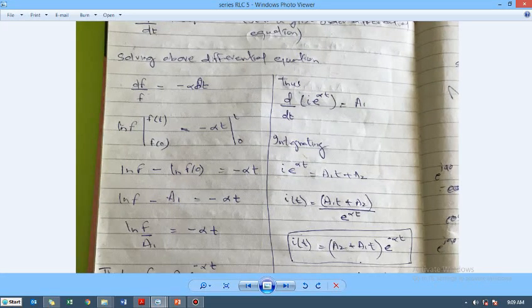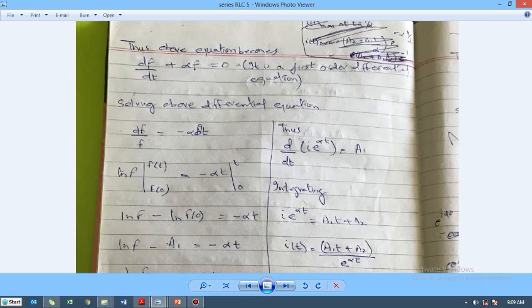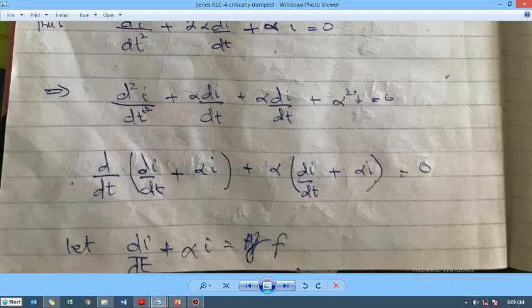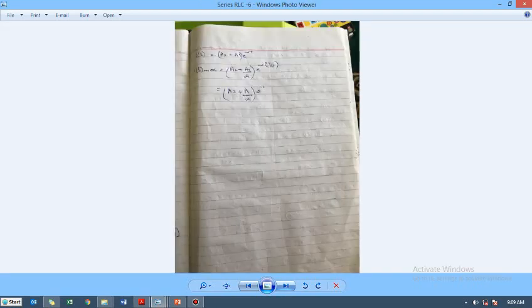Okay, this is the 5th page. So it will become df by dt equals alpha f. You can see again from page number 4, yes, this is f alpha f, and this is also f alpha f. I was on page number 5.